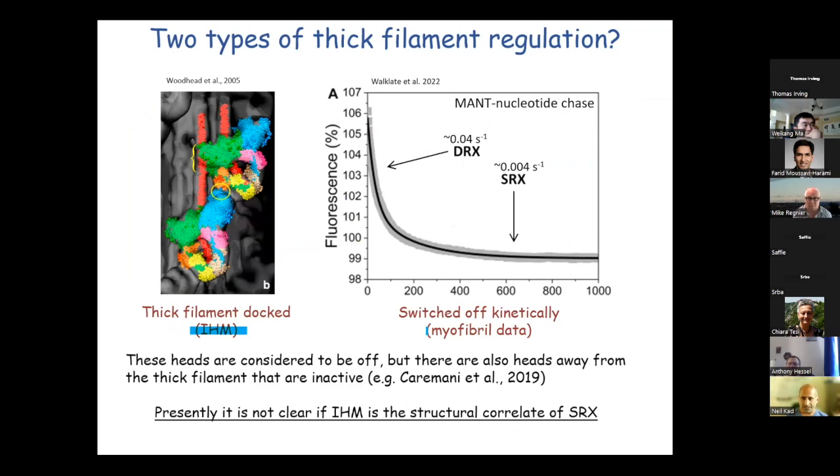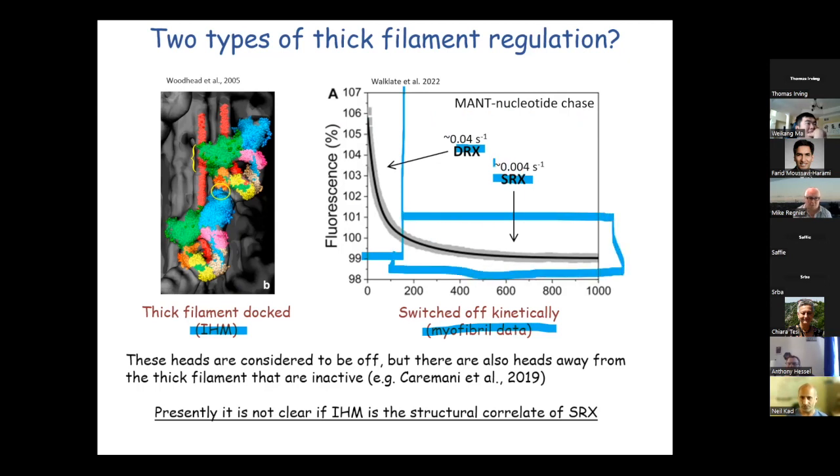Secondly, there is the biochemical definition of being switched off, which we call the DRX and the SRX to date. That may change now, I guess. So here, using the MANT nucleotide chase experiment, you can characterize the early portion as being DRX and the later portion as being SRX.